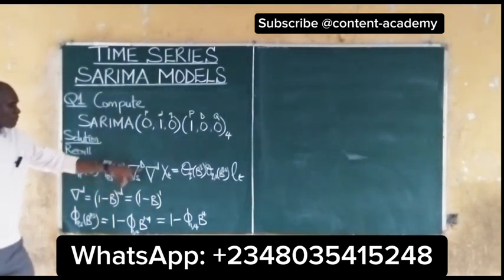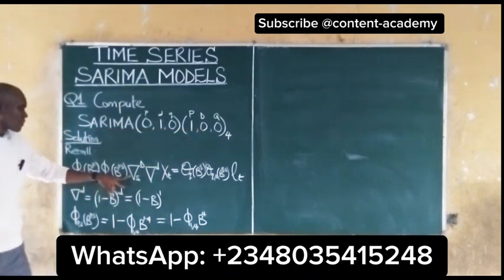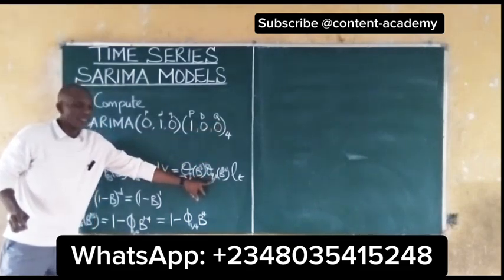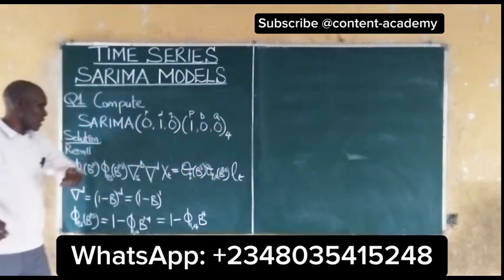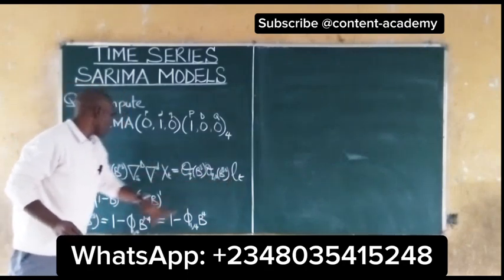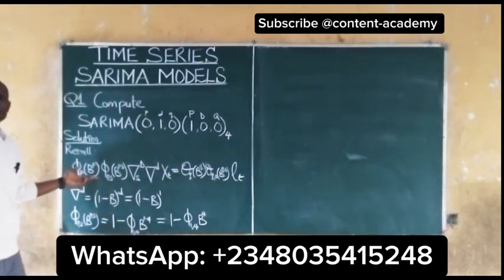Of course, the seasonal differencing part is 0, and the moving average part for our seasonality is also 0. So we don't have anything here. So what will remain is our e_t. So we can write this out from the model.